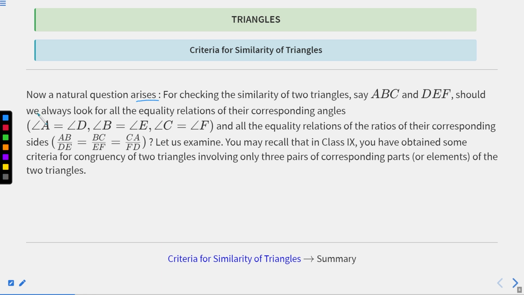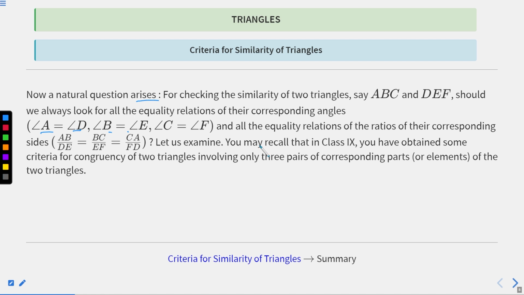So we look for angle A equal to angle D, angle B equal to angle E, angle C equal to angle F, and the ratios AB over DE equal to BC over EF equal to CA over FD.